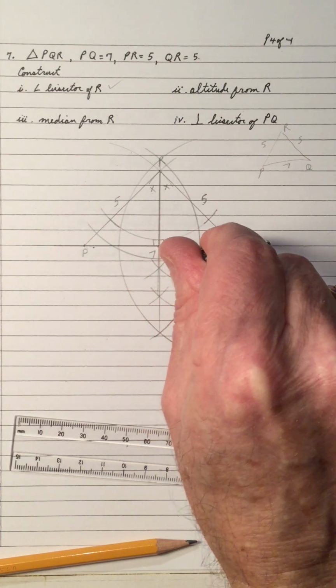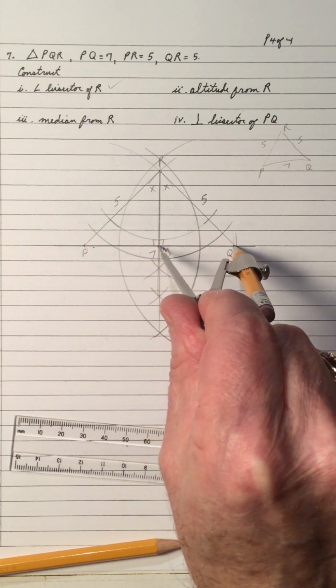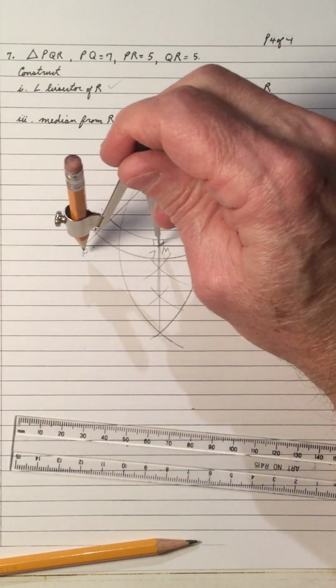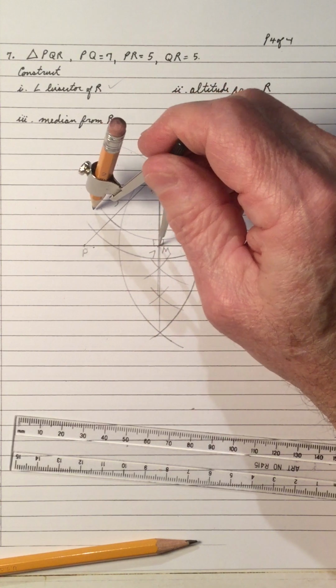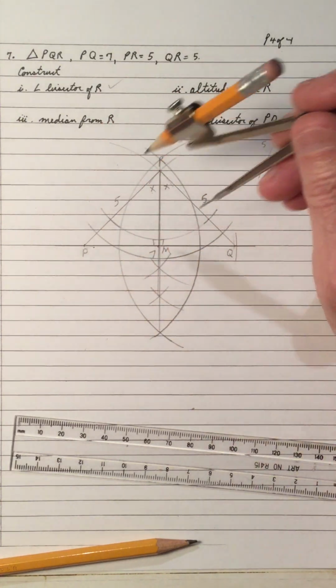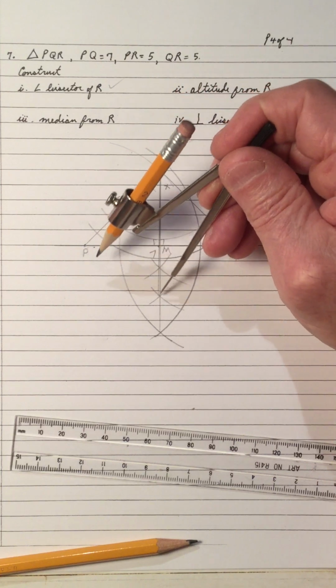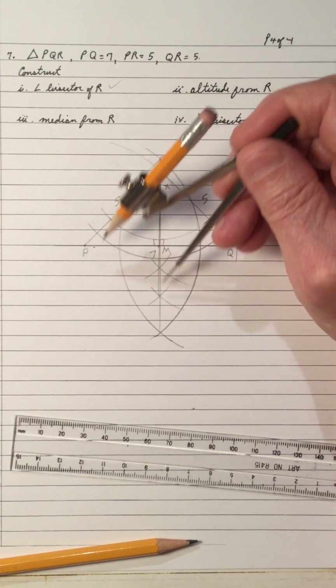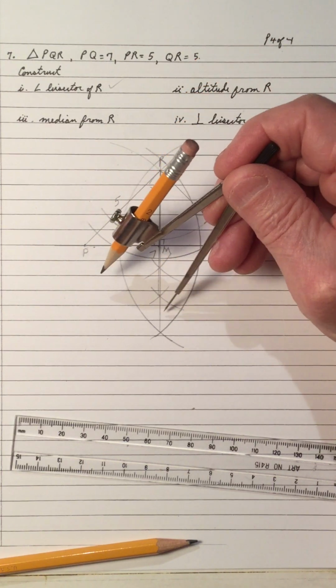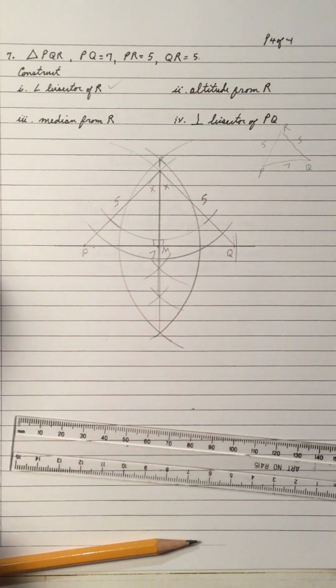That distance from M to Q is the same distance from M to P. So those distances are equal. So that means that's the midpoint, and this segment is not only a bisector cutting in half, but it's the perpendicular bisector.